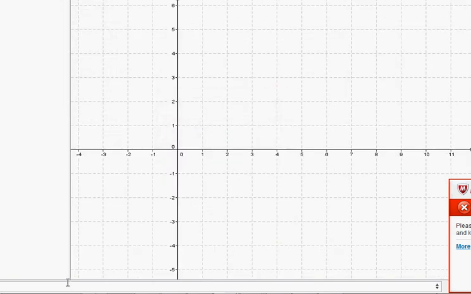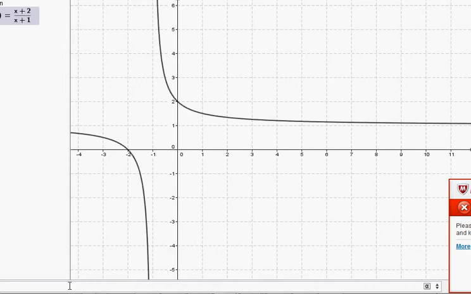What's the function again? y equals x plus 2 divided by x plus 1. Okay, the function is always decreasing on one side and it's always decreasing on the other side. Now, why is it considered to be bijective, is what we're asking?